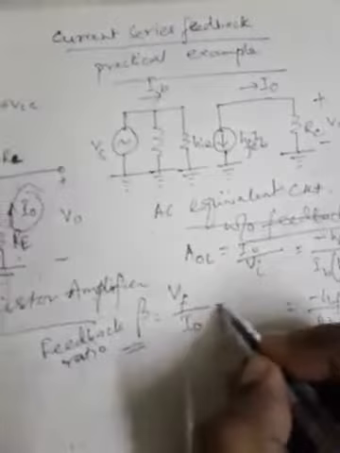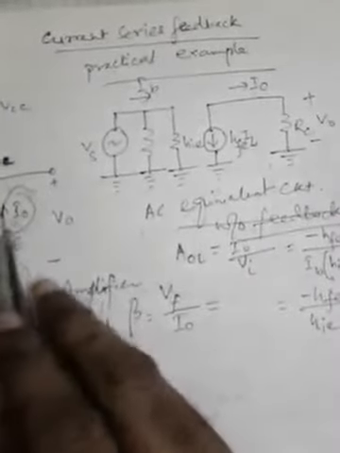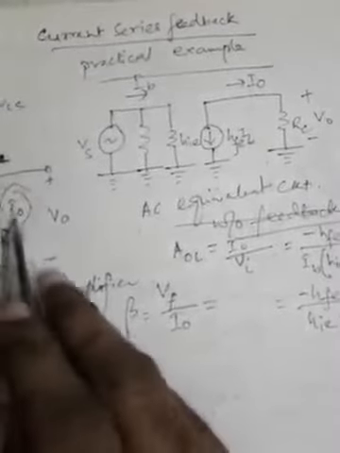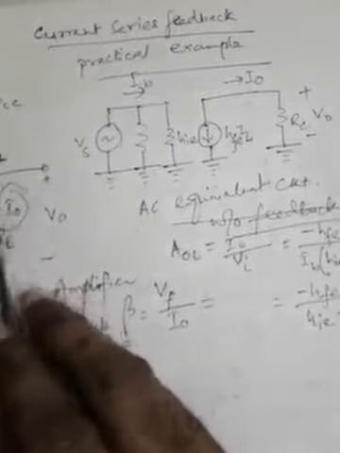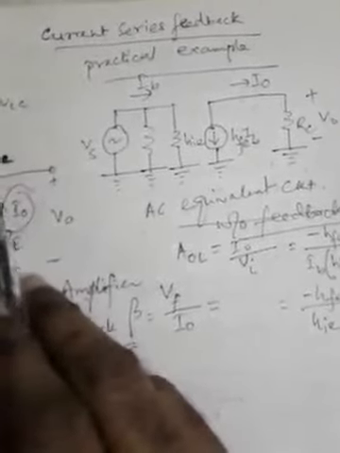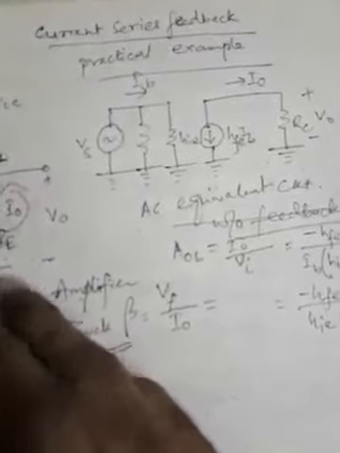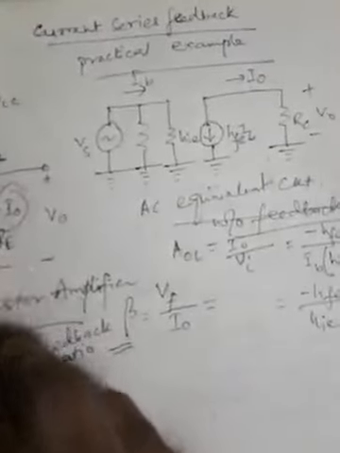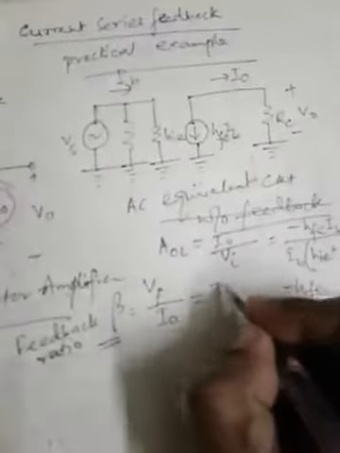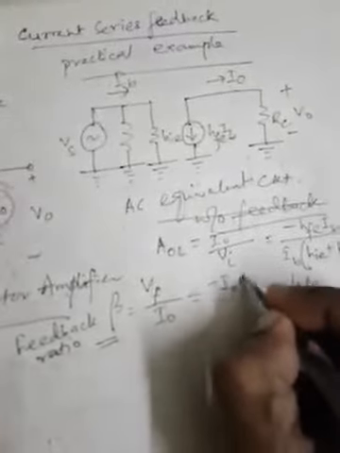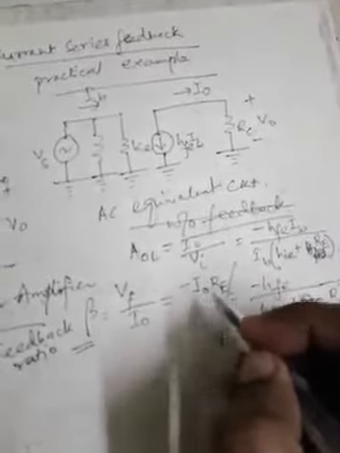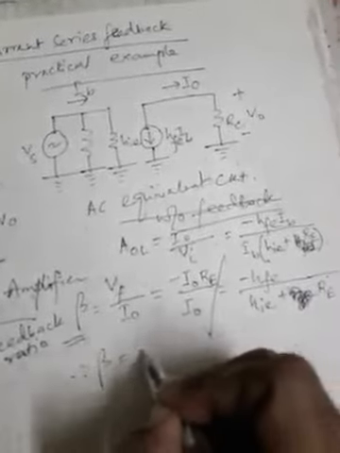And Vf is nothing but, you can see from here, produced because of IO flowing through RE, and the direction is opposite to the direction of current movement in this input circuit. So it should be minus IO RE divided by IO. And if IO is cancelled out, therefore beta is minus RE.